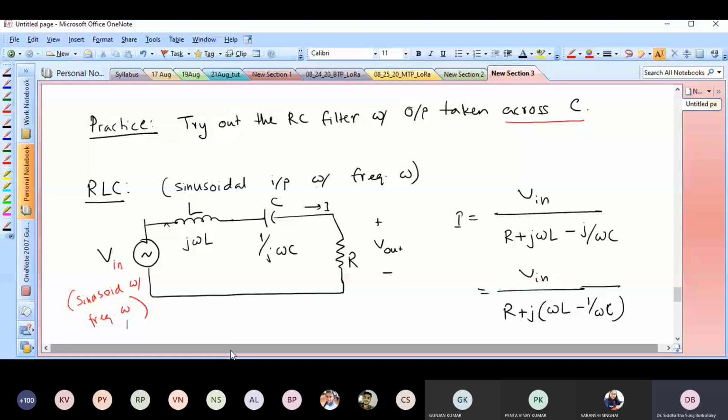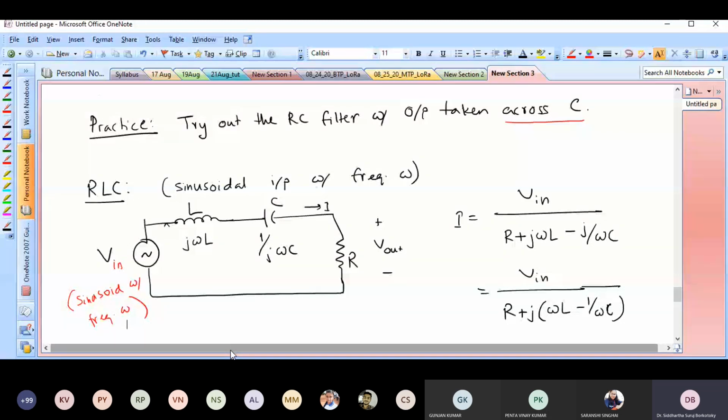And each of them will have a separate amplitude. But by virtue of the superposition theorem, you could analyze each of them separately and then add up the final outputs. And that will be your complete, aggregate output. That's why it often suffices to analyze just sinusoidal input. And when you actually need to do something for a larger input, you just take help of Fourier transform. Okay, so that's the idea.